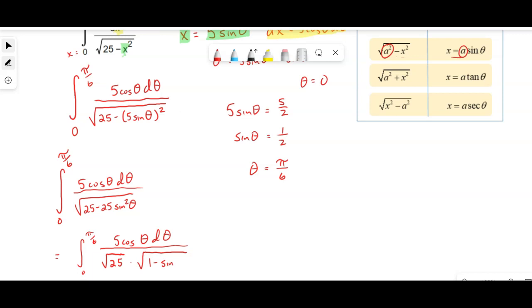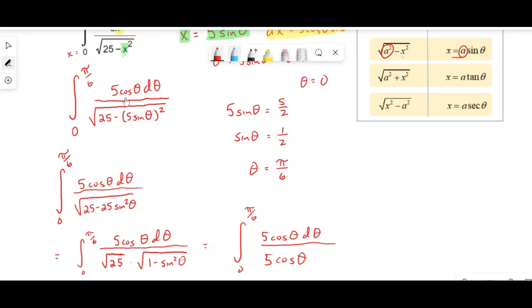Notice the numerator is still 5 cosine theta d theta. The denominator is 5, and then 1 minus sine squared is cosine squared, and then this is the square root of that. So technically, that's the absolute value of cosine theta. But in 0 to pi over 6 on the unit circle, cosine, which is the x-coordinate, is positive. So we don't have to worry about absolute values.